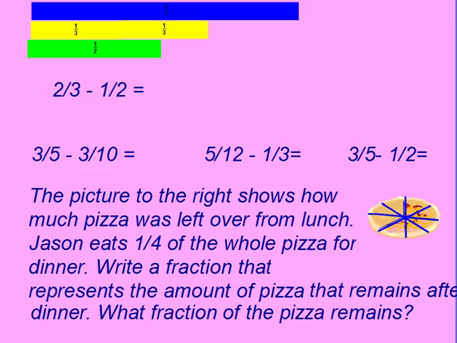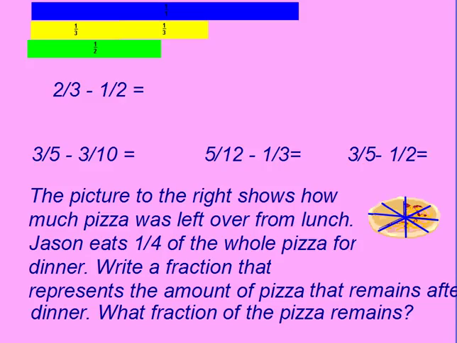The picture to the right shows how much pizza was left over from lunch. So if we look, the pizza is cut equally into how many equal square pieces? 1, 2, 3, 4, 5, 6, 7, 8. So 8 is our denominator. Jason eats 1/4 of the whole thing.